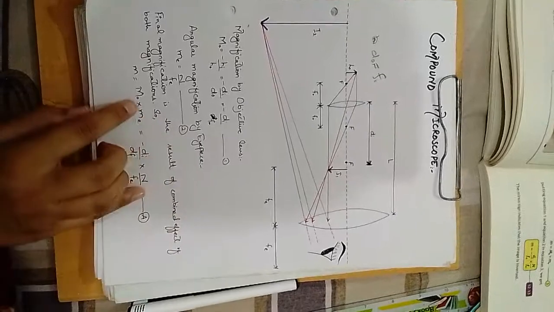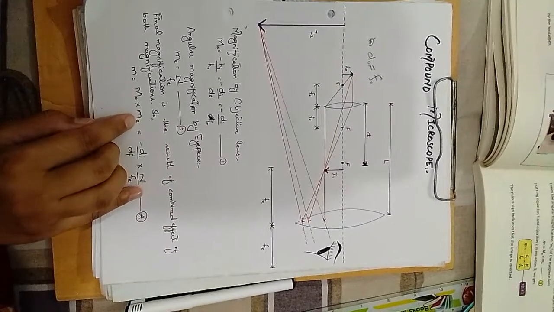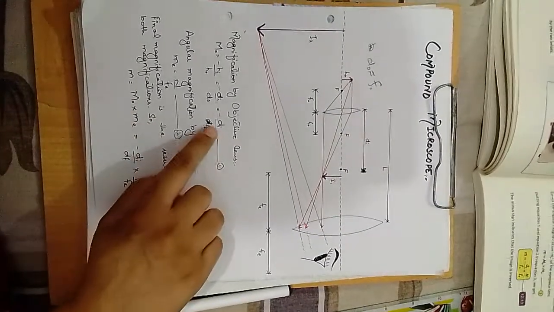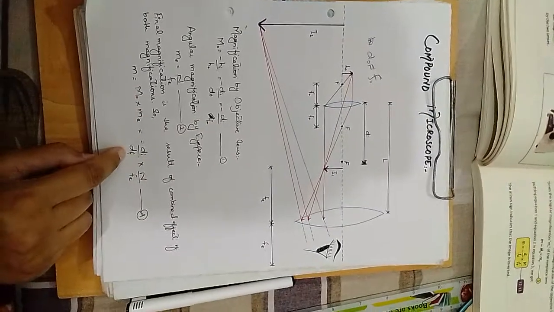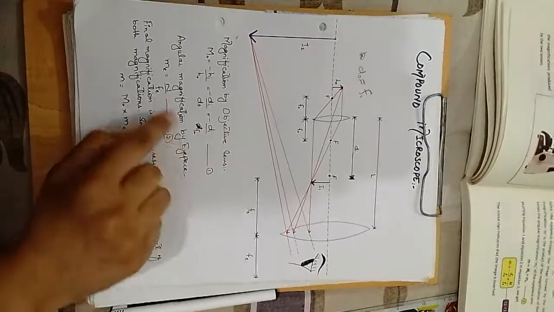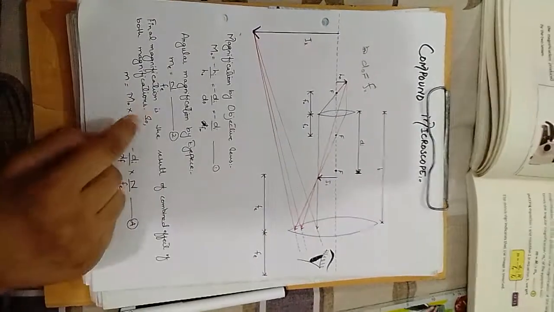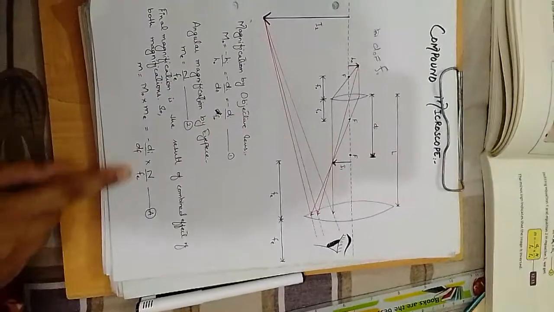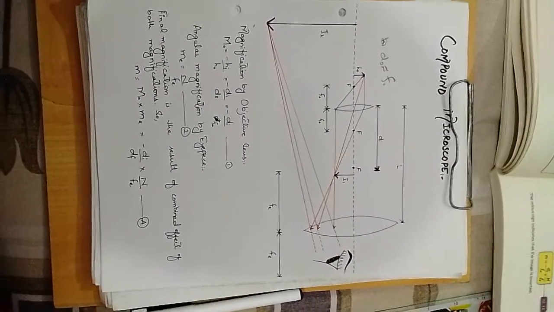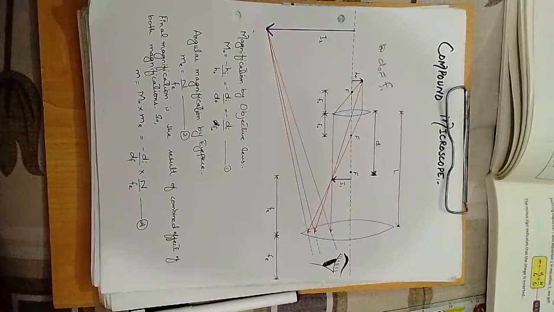All right. So MO multiplied by ME. We've already calculated their values, DI over FO for capital MO and N by FE for small ME. E stands for eyepiece, O stands for objective. This is the final equation that we need to just calculate the magnification of a compound microscope.